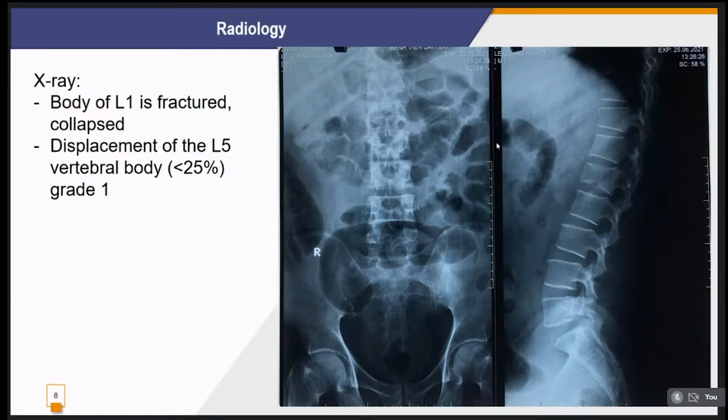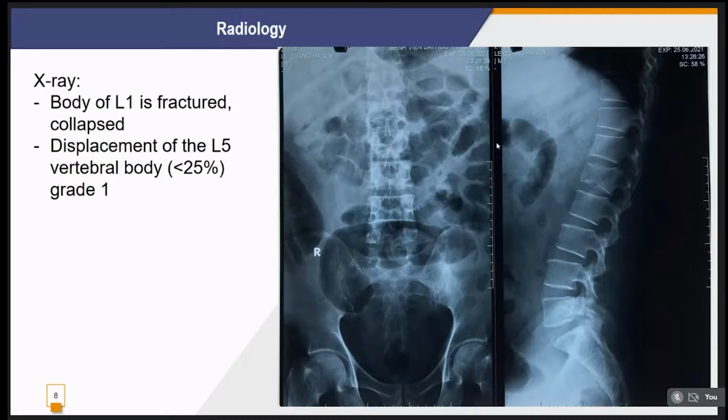The first, we have the X-ray of the patient in two positions, the frontal view and the lateral view. With the frontal view, it's hard to see any fracture, with normal density.